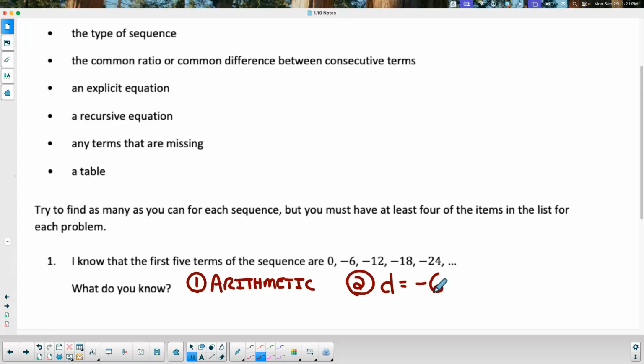What else do we know? Working down the list. What's next?